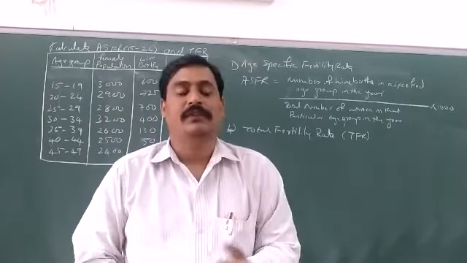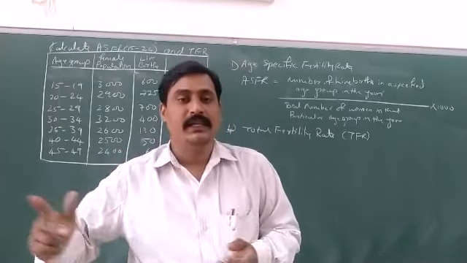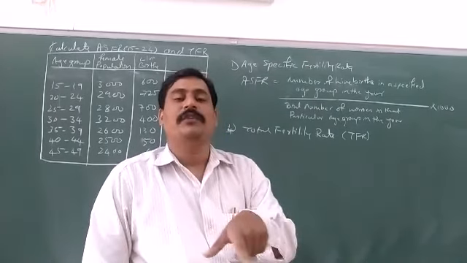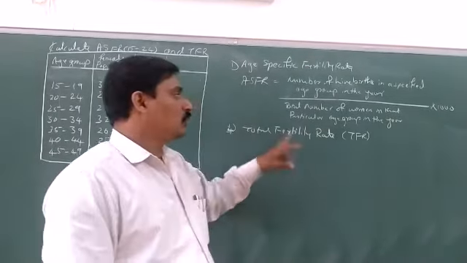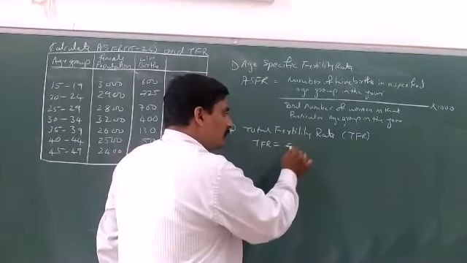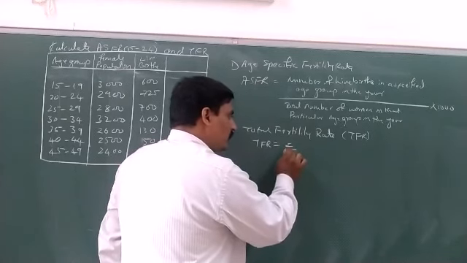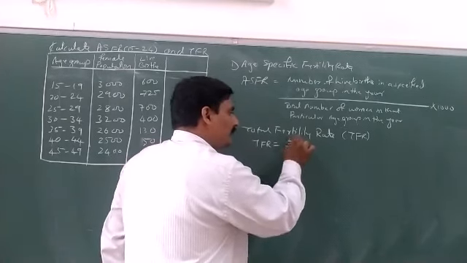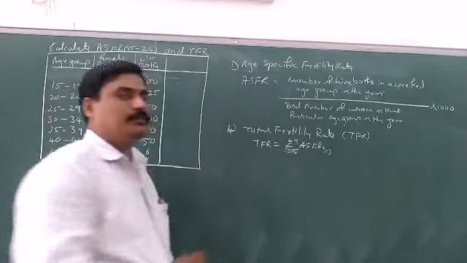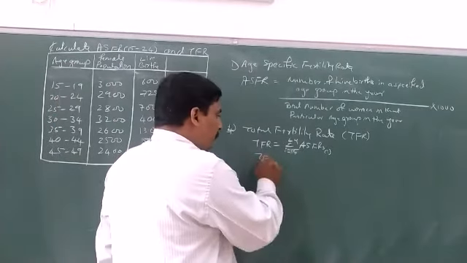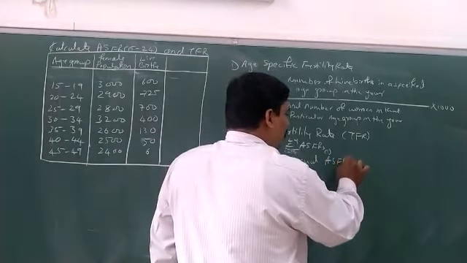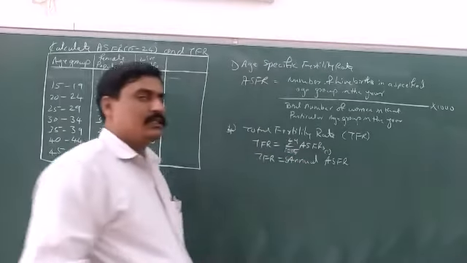If we calculate ASFR for age 15, 16, 17, 18 up to 49, that is total 35 ASFRs, the sum total of all these ASFRs is total fertility rate. So we can write TFR is equal to summation of i equal to 15 to 49 of ASFR of i, that is, the summation of annual ASFRs.